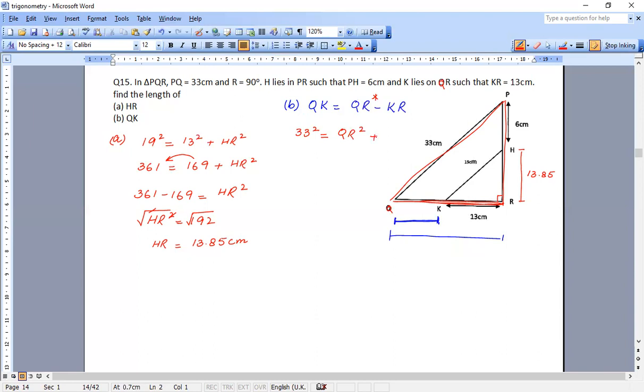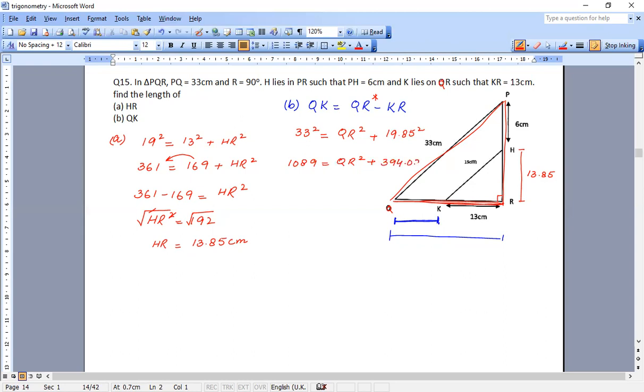Plus opposite square, which is PR. PR is going to be 6 plus 13.85, so that is 19.85 square. I'll take the squares of all these values. 33 square is 1089, equal to QR square plus the square of 19.85, which is 394.02.